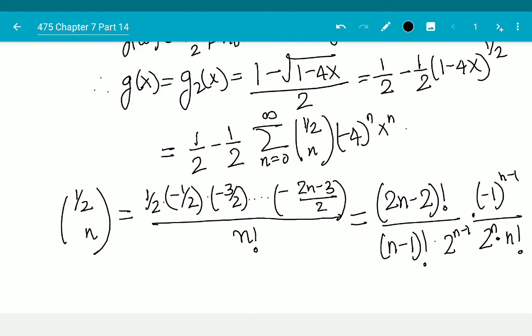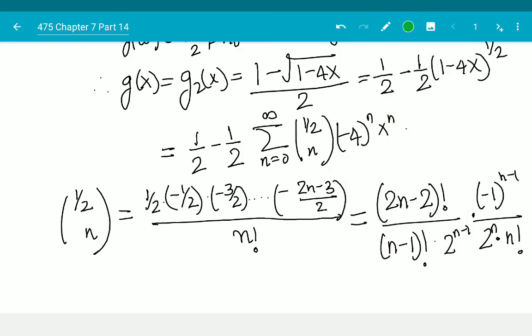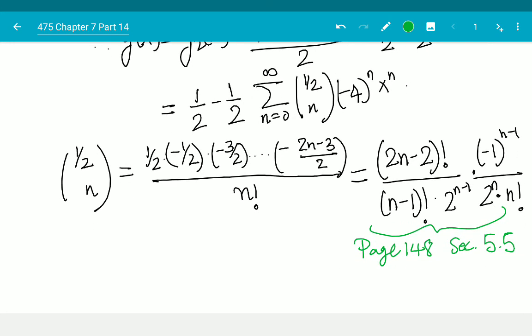Okay, so if you want to know why this is, I suggest looking at the end of section 5.5, page 148. This computation is given there. It's an easy computation which is explained well in the book.